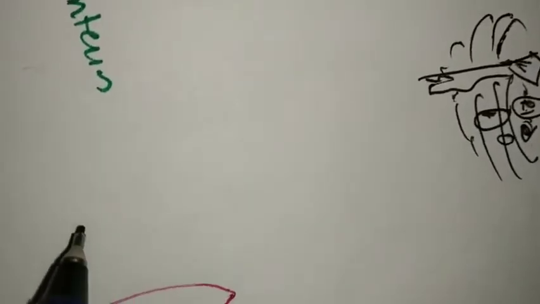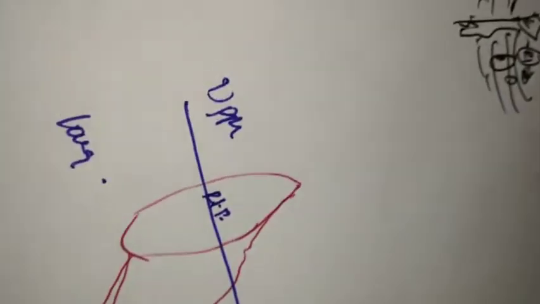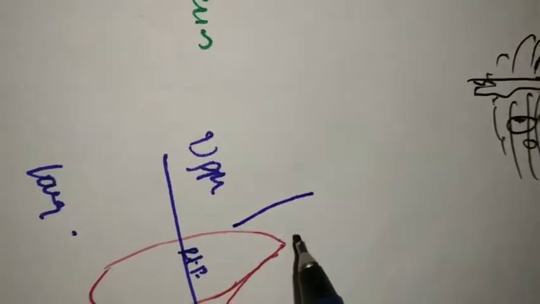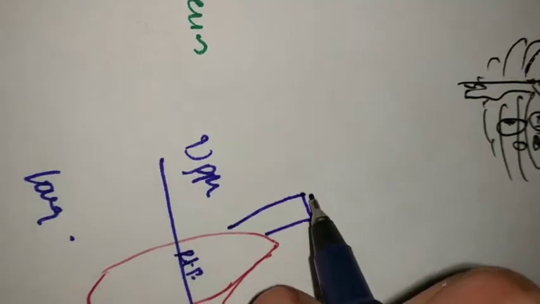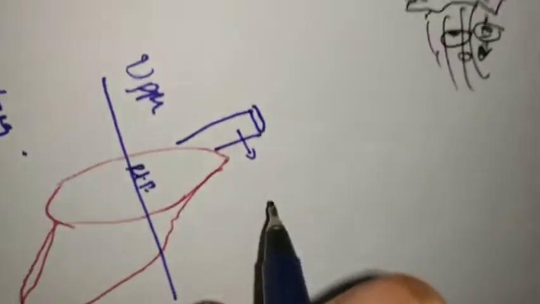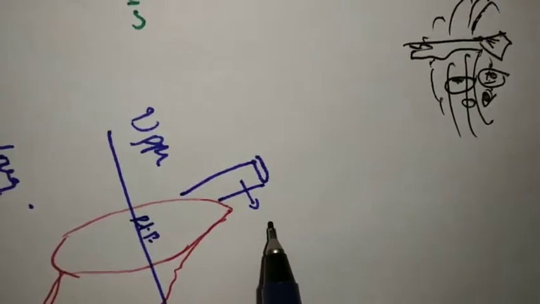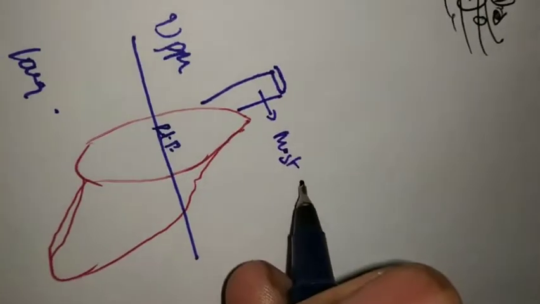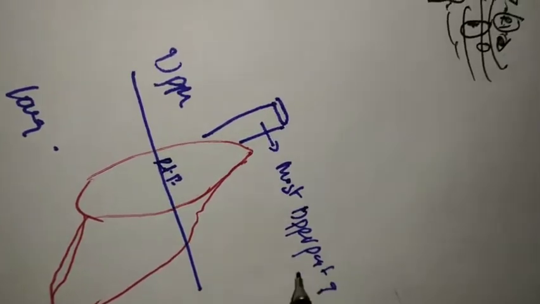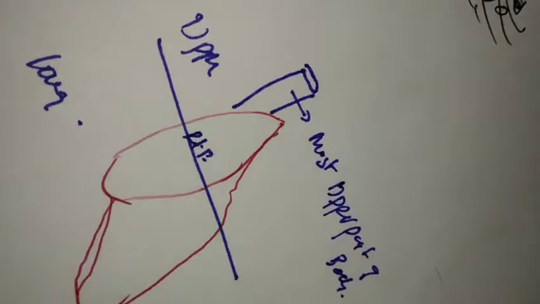This will become your upper part, this will become your lower part. In the upper part, you have an opening of the superior vena cava. Superior vena cava drains most of the blood from the upper part of the body.